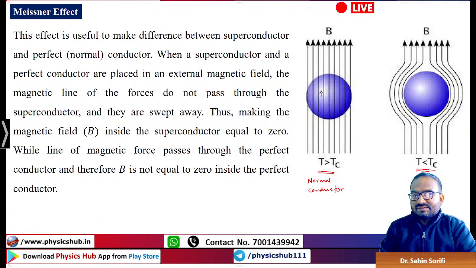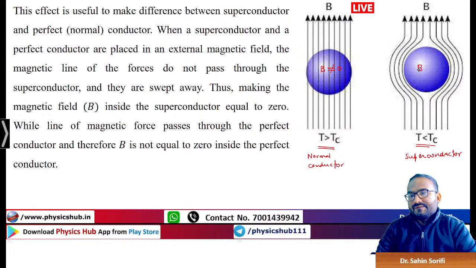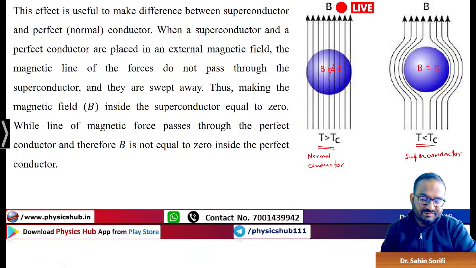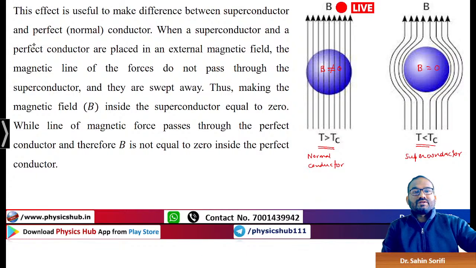So for the normal case, your magnetic field B is not equal to 0. But here the material becomes a superconductor, and the magnetic field will be 0 inside the metal. This effect is useful to make the difference between a superconductor and a perfect or normal conductor.